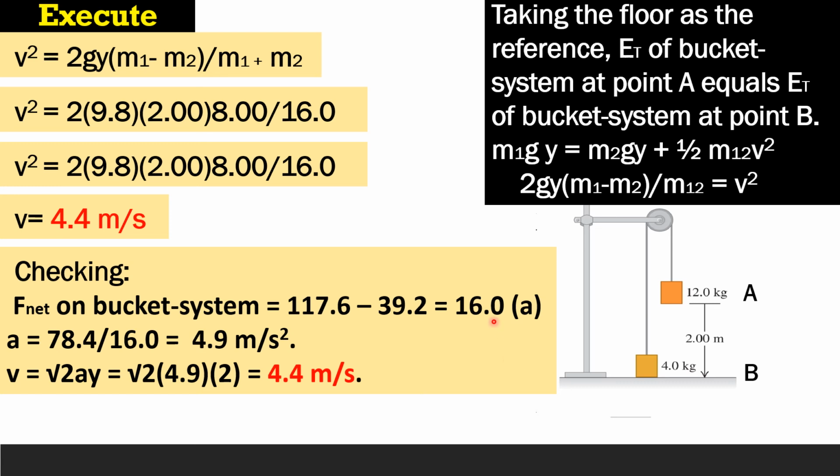The mass here is already the mass of the system, that is 12 kilograms plus 4 kilograms, multiplied by their common acceleration a. Only the acceleration is unknown, so we can isolate that and come up with this working equation: 78.4 newtons, the net force, divided by 16.0 kilograms, and we get the acceleration of 4.9 meters per second squared.